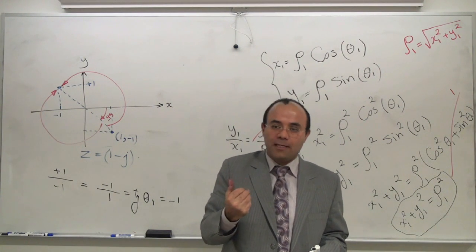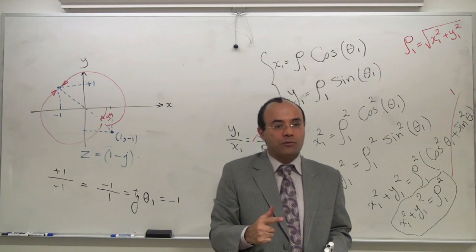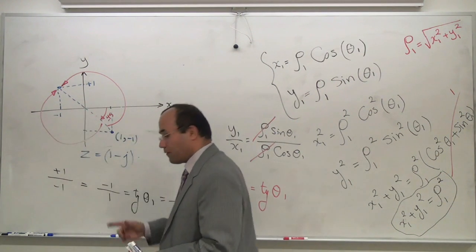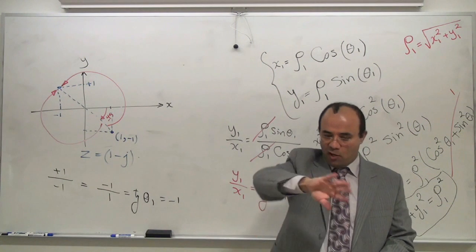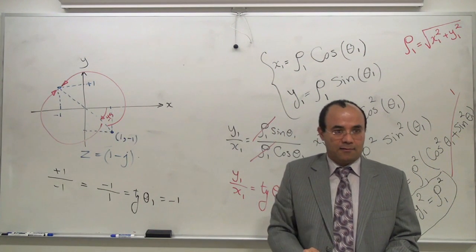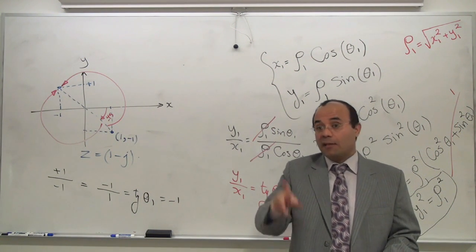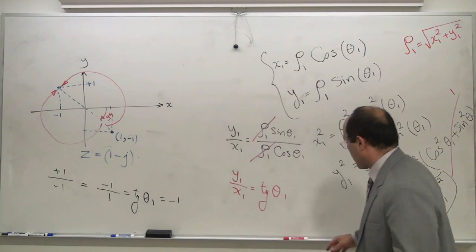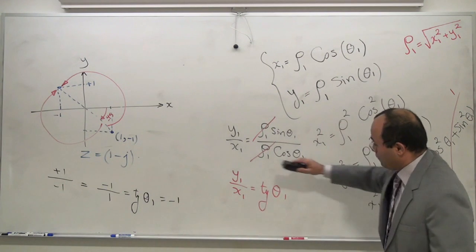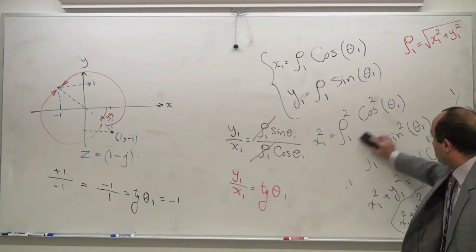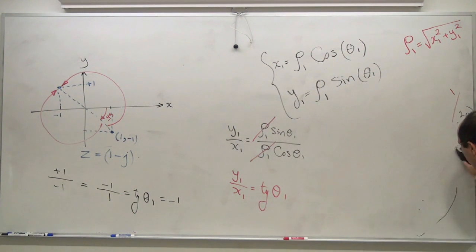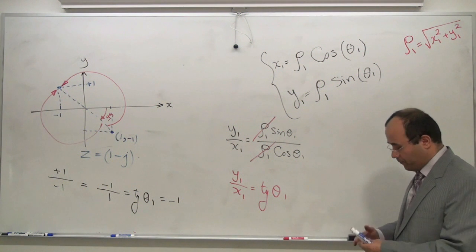Who defines for me if I'm in the second or the third quarter? The only thing I have to watch is x. So if x is negative, plus minus 180 degrees. If x is positive, you're fine. So I'm going to say, if you have y1 and x1, not only do you have to divide and accordingly tell me what is tangent of theta, you need to watch them individually.